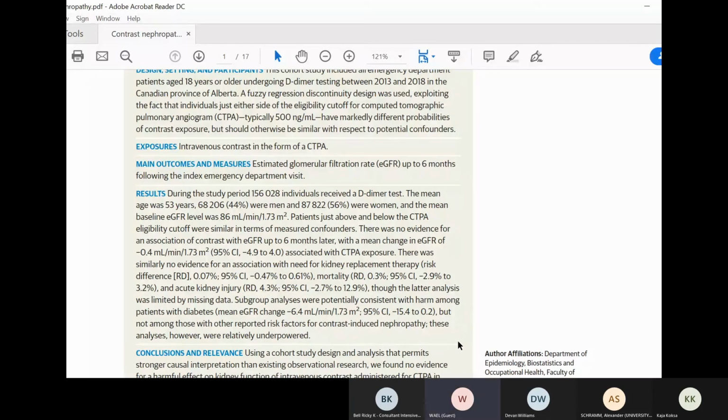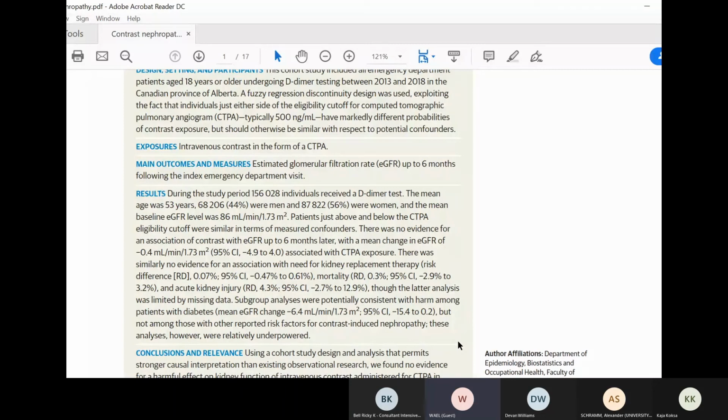There are some subgroup analyses consistent with harm among patients with diabetes, but not among those with other risk factors like age or coronary artery disease, or clinical comorbidities.